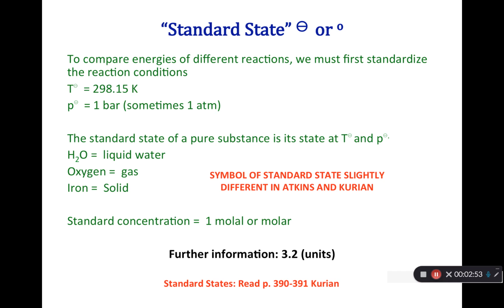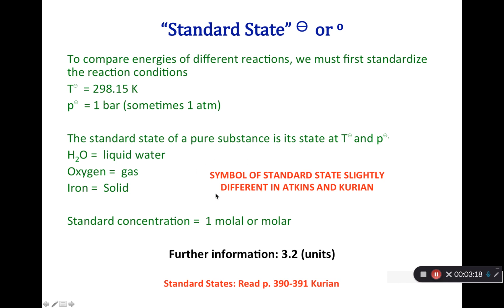So for H2O, which is water, the standard state of pure water at 298 Kelvin and 1 bar is liquid water. This is the most stable state of pure water. Similarly, the most stable state of oxygen under these conditions is gas, and the most stable condition of iron under these conditions is solid.